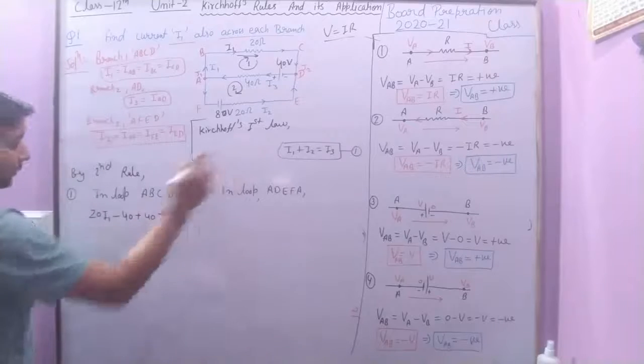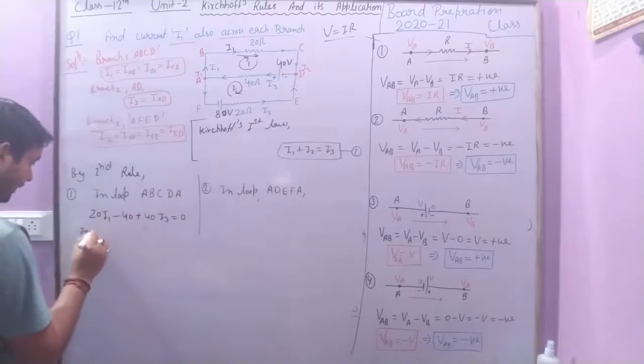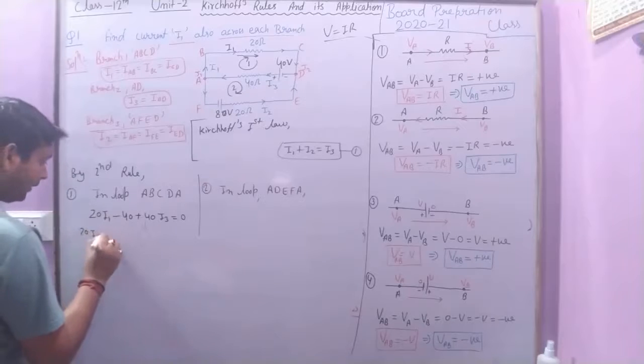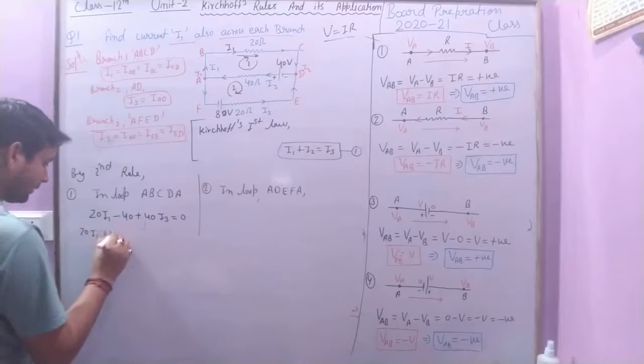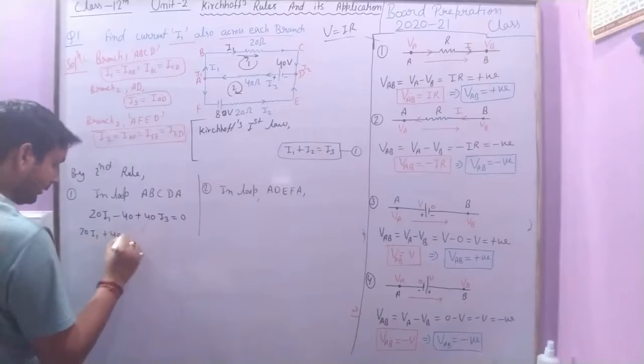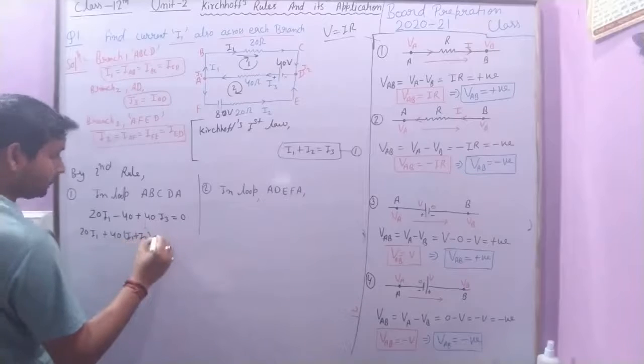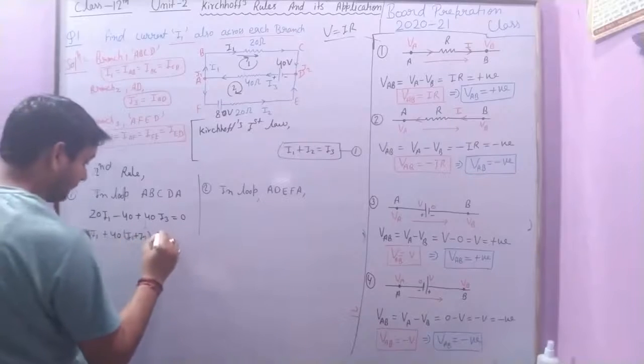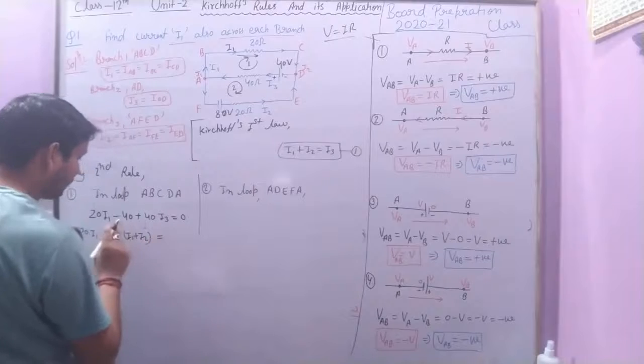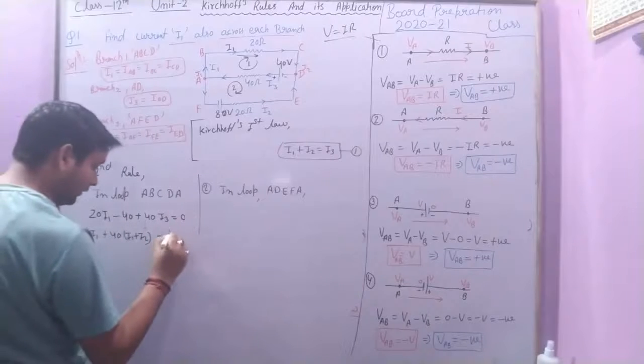By putting this value of I3, we get 20 I1 plus 40 (I1 plus I2) equal to 40, transferring the 40 to the right side.